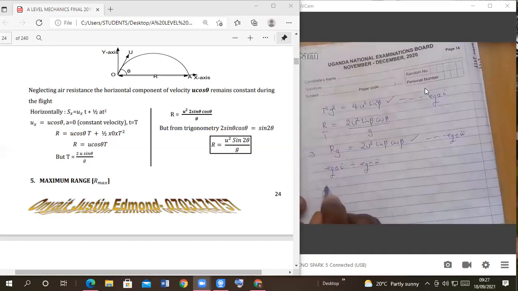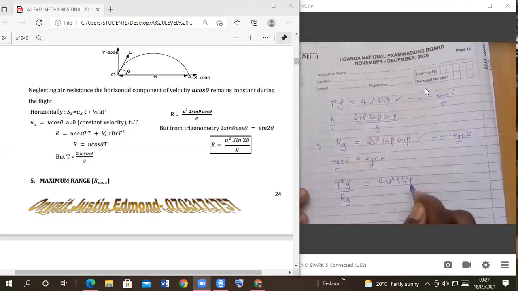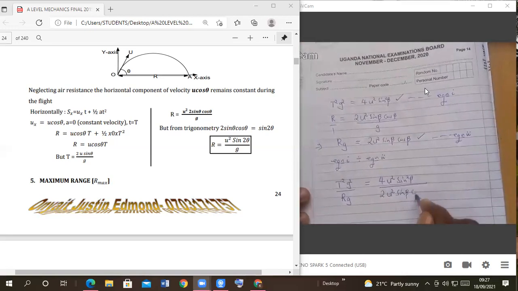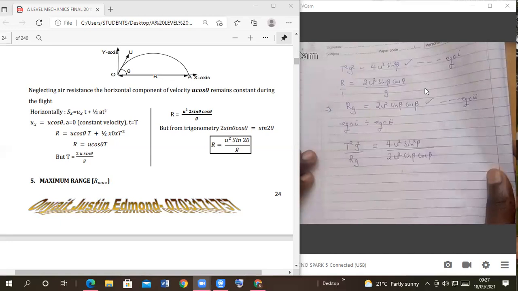So I will have t squared g squared divided by Rg equals 4u squared sine squared beta divided by 2u squared sine beta cos beta. Are we together?